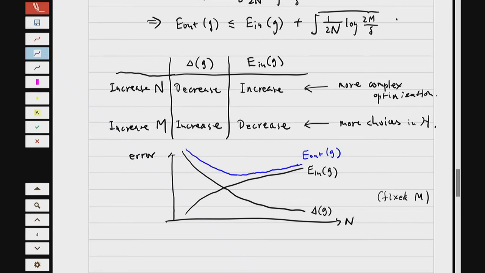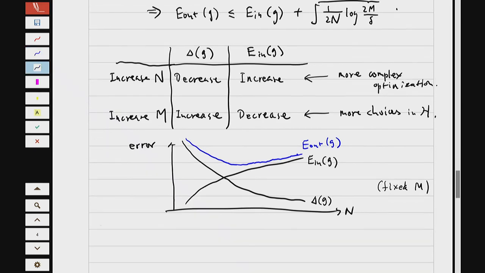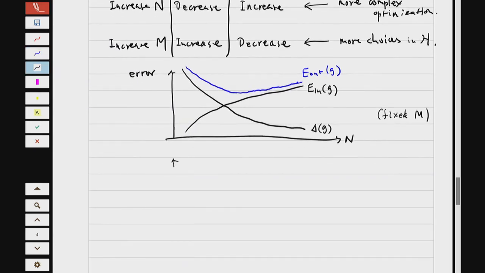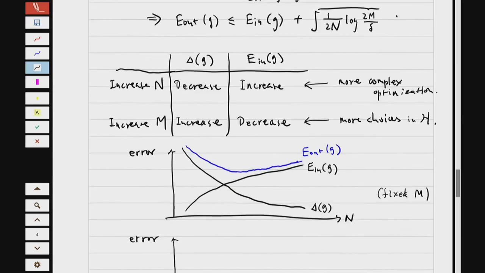And we can do pretty much the same thing in terms of M. It's a very interesting thing. So it's not true that the bigger the big data, the better, right? At some point, you have to match the size of the data set and the ability you have to optimize it. In terms of M, of course, the E-in decreases as M increases.